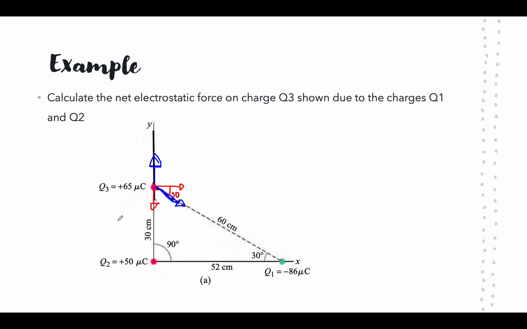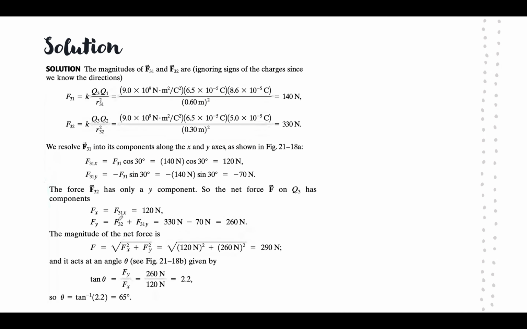All right, let's take a look at how your textbook solved this example. Here we go. We have the magnitude of both forces, but then one of them we have to break down into components, right? And then we add the horizontal component, we add the vertical component, and we use the Pythagorean theorem to know the magnitude of the force and the angle of the force.